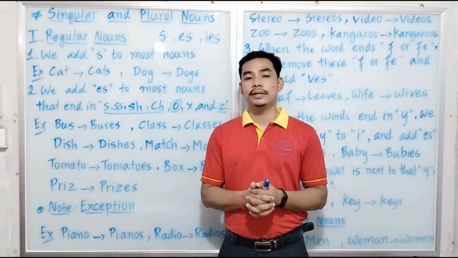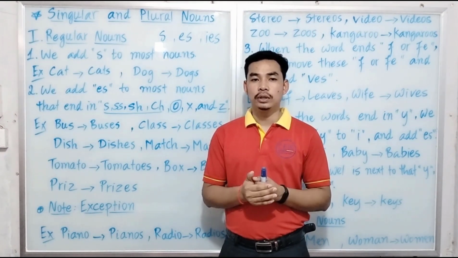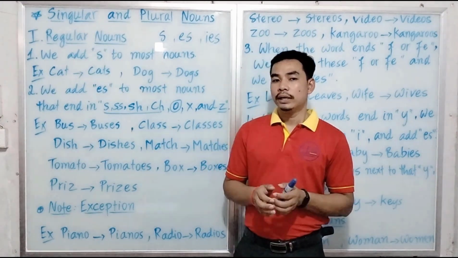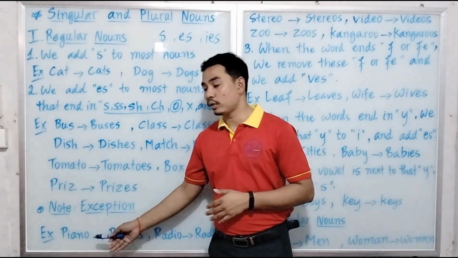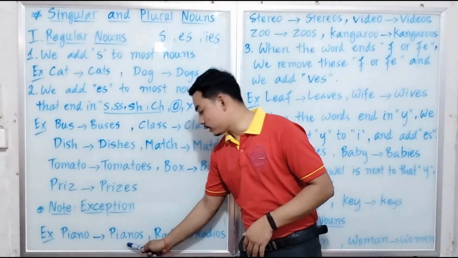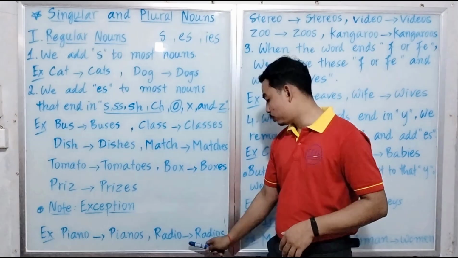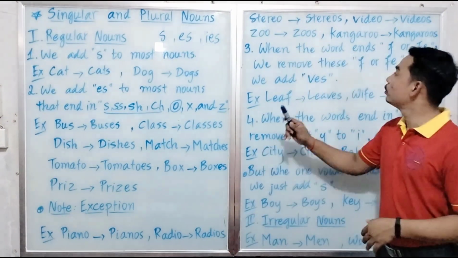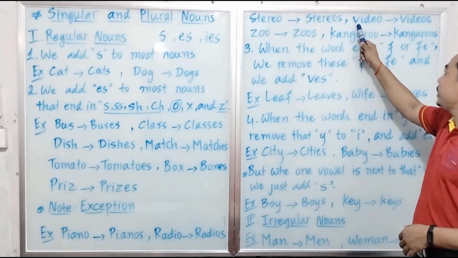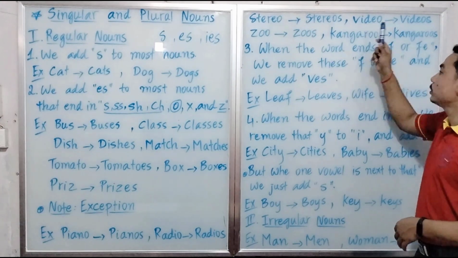But one more thing, we need to be careful because they are the exception. So here the example for you. Piano, pianos, radio, radios. Stereo, stereos, video, videos.